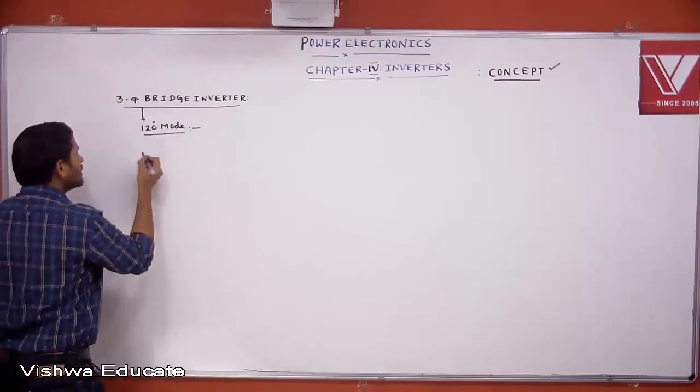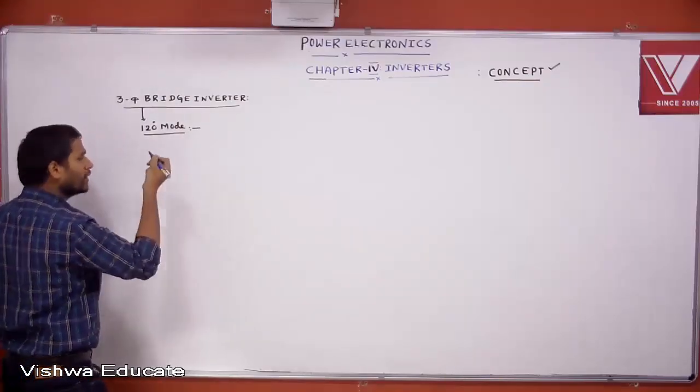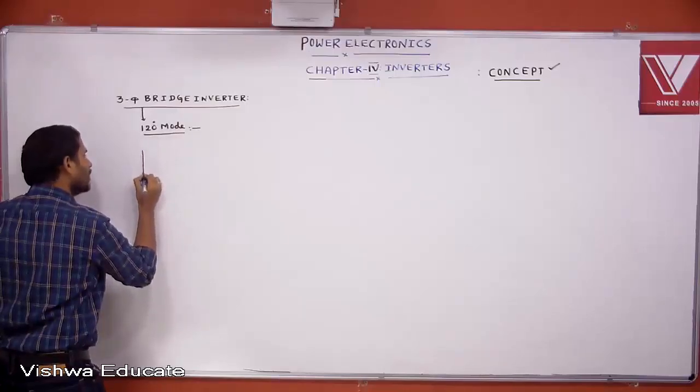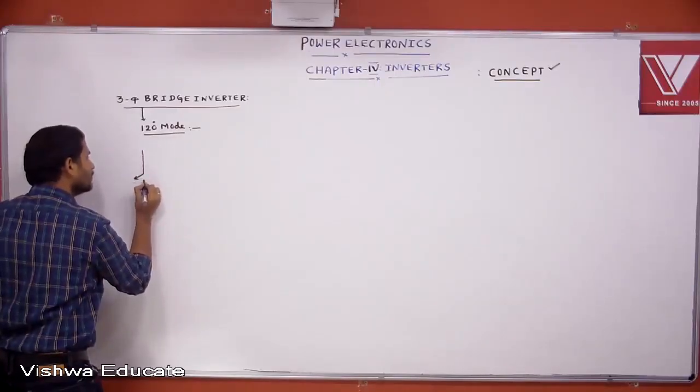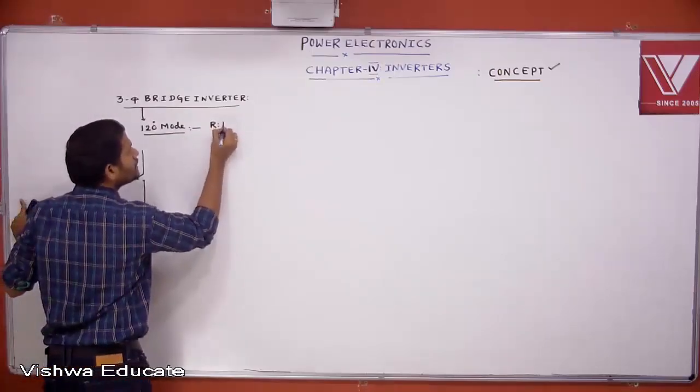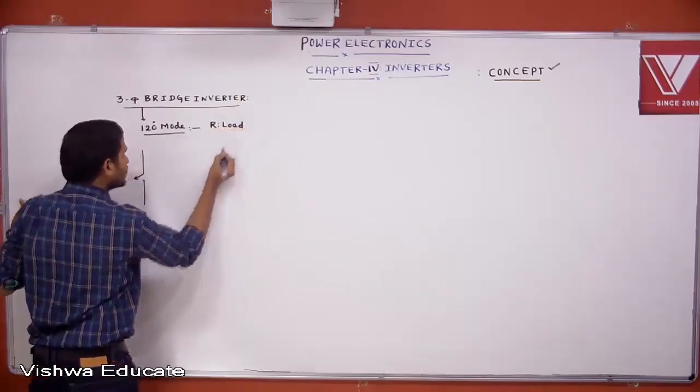You already know this circuit, no need to draw it, you have already written this one. Once again, here I am drawing. Explaining for R load. Resistive load means no need of feedback diodes.